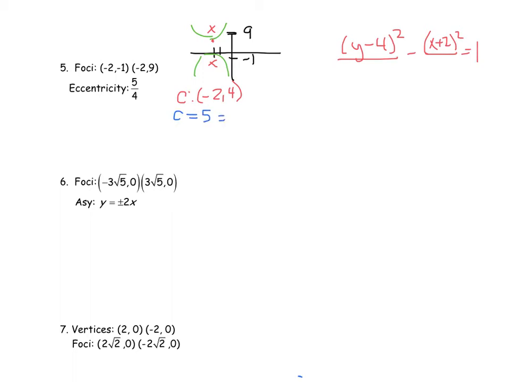So if eccentricity is c over a, and that's supposed to be 5 over 4, now I know that a is 4. So underneath y, because a always comes first in a hyperbola, I can plug in 4 squared, which is 16. And then I can do solving for b squared. 25 equals 16 plus b squared, so b squared must be 9.